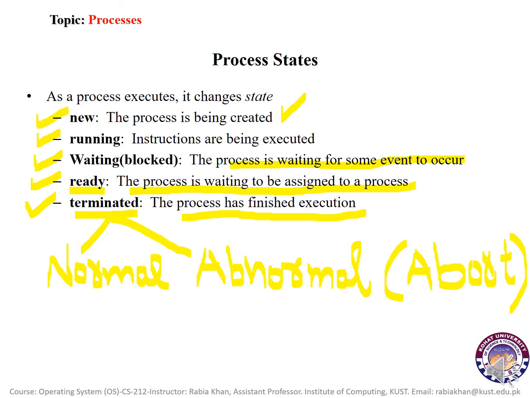After receiving the response, it has to wait for its turn to be executed again on the CPU, and the waiting is generally done in RAM in the shape of the ready state. Then after completing its execution, a process goes to termination. Termination can be normal or abnormal.